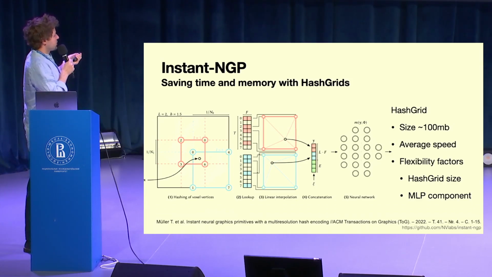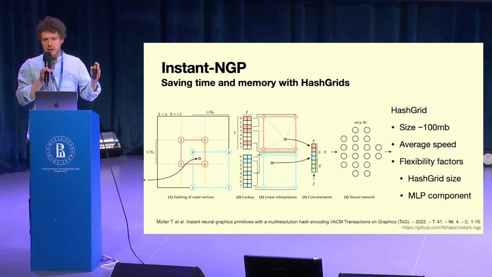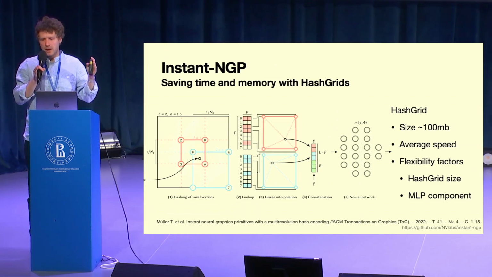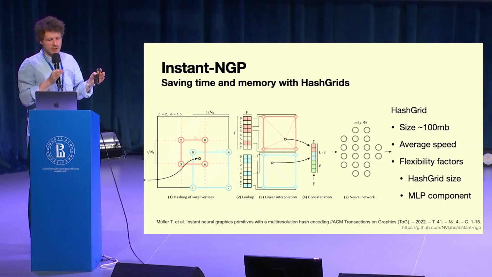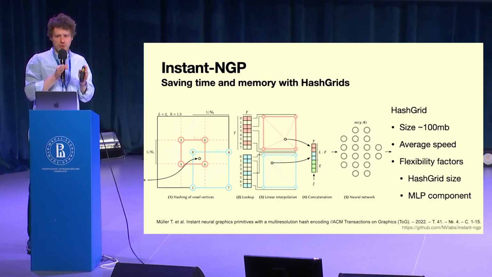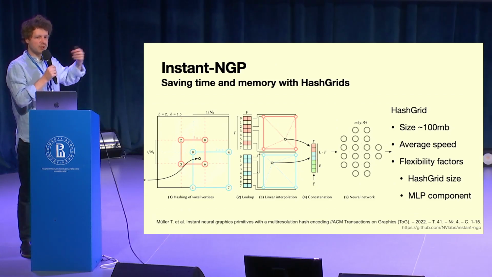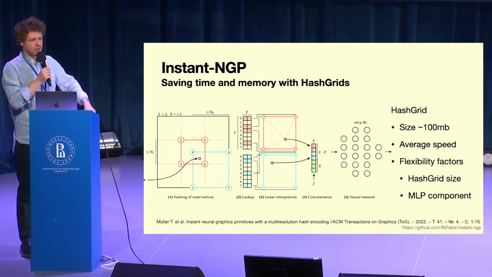And with this hash map, we can effectively store a volumetric grid of extreme granularity with extreme details with a hash map that is parameterized by a relatively small array that resolves collisions using a trained tiny neural network.